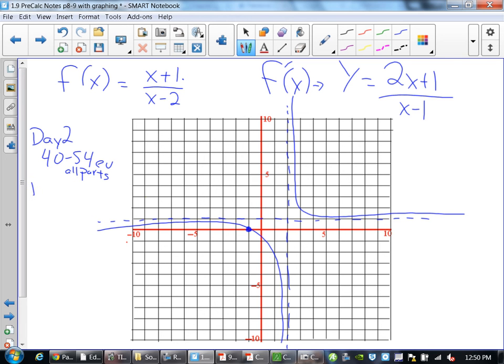Yeah. The day 3, I might as well put this up if you want to write this down, is going to be 9 through 12, 29 through 32, 69 through 71, 80, and 82. This is all in 1.9.